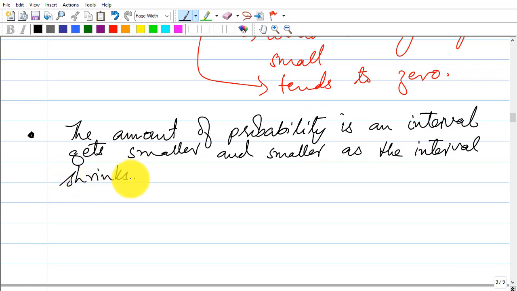As the interval shrinks, it would be very difficult to find out the probability of that random variable.